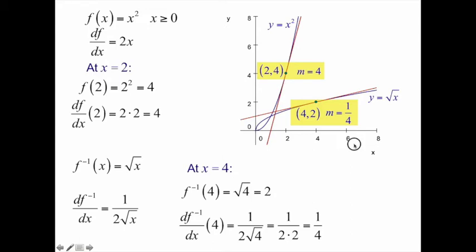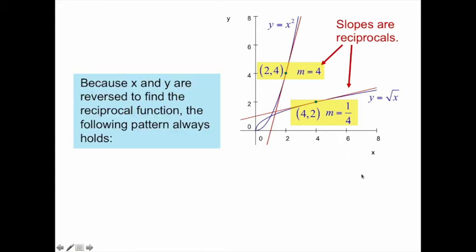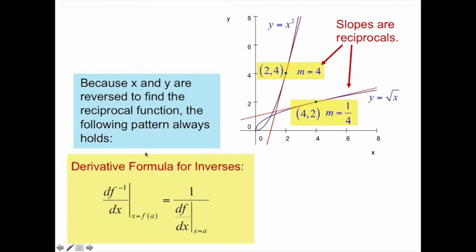Okay? So that allows us to then conclude that if I know the slope of my function, I can find the slope of my inverse by just taking the reciprocal, or vice versa. So because x and y are reversed, that following pattern always holds.